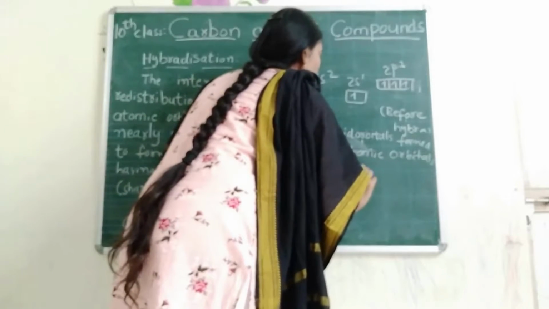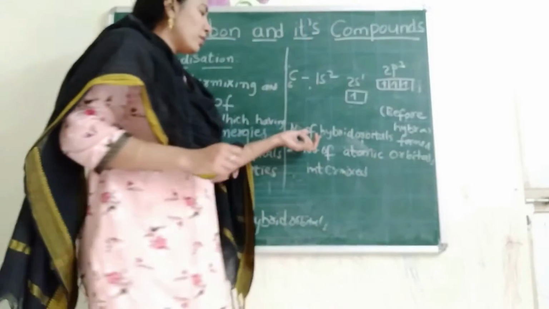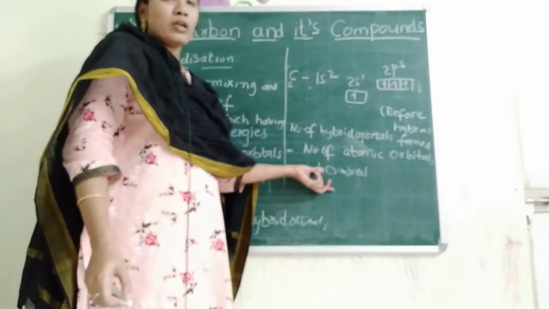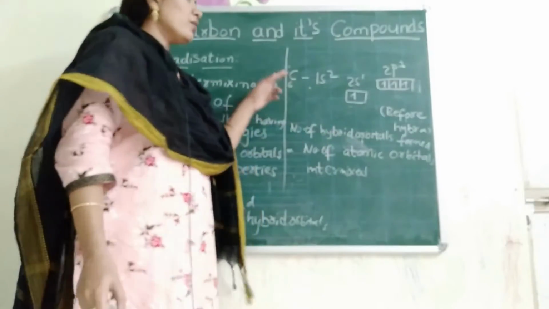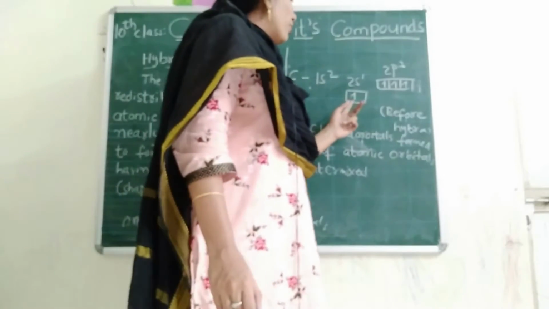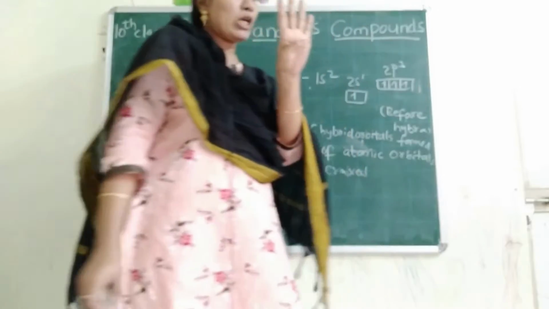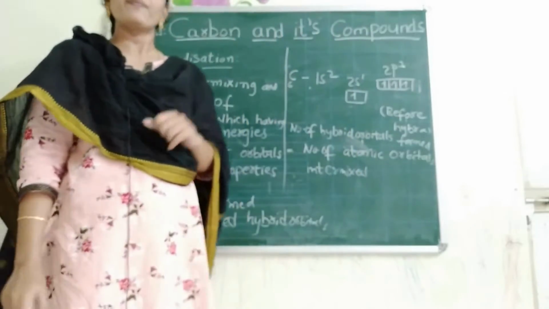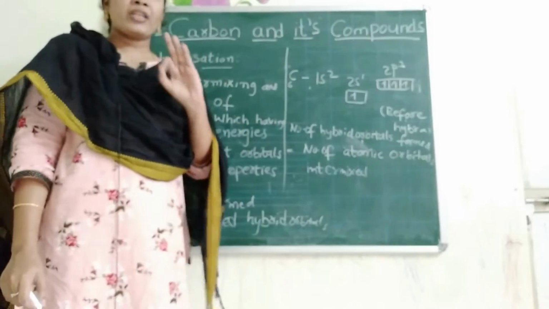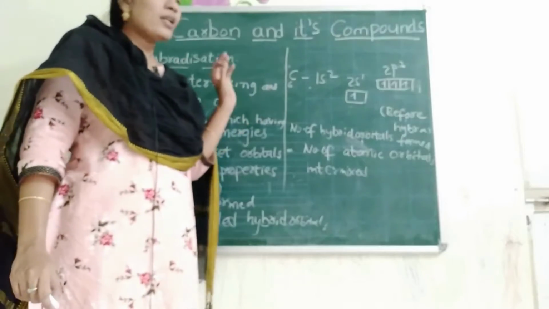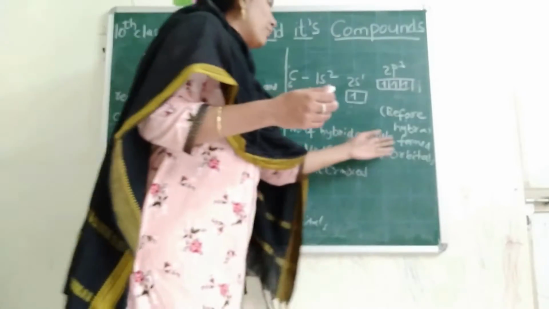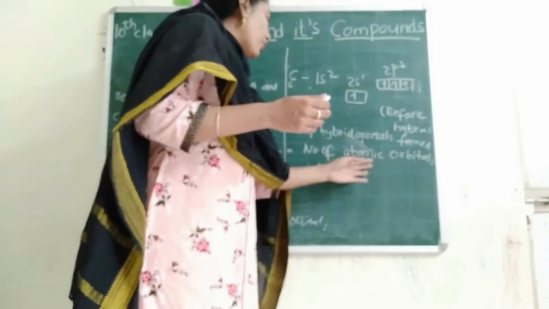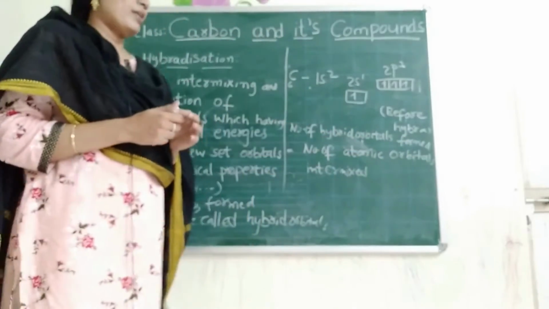How many hybrid orbitals form means how many atomic orbitals mix, that number of hybrid orbitals will be formed. For example, if 4 atomic orbitals intermix, there is a formation of 4 hybrid orbitals. If 3 atomic orbitals intermix, then 3 hybrid orbitals are formed. Like that, the number of hybrid orbitals formed is equal to the number of atomic orbitals intermixed.